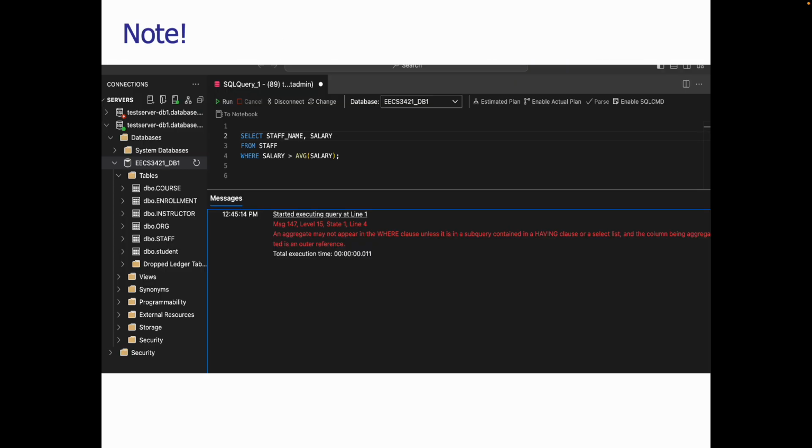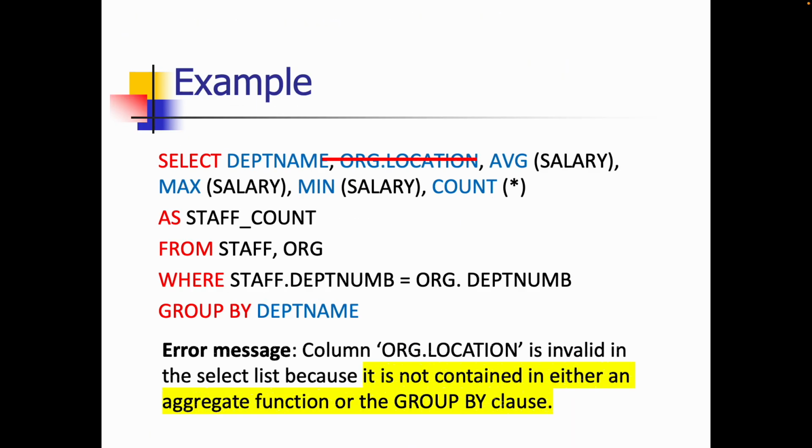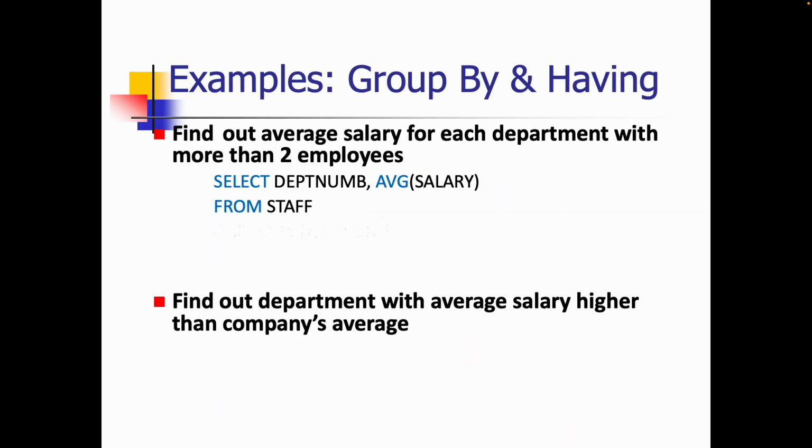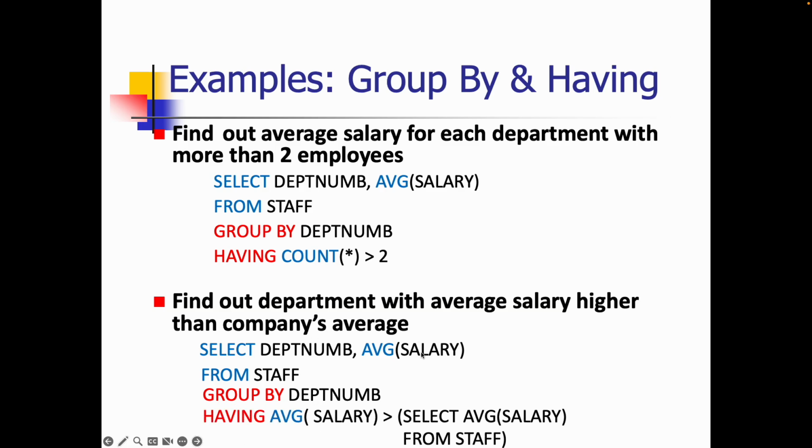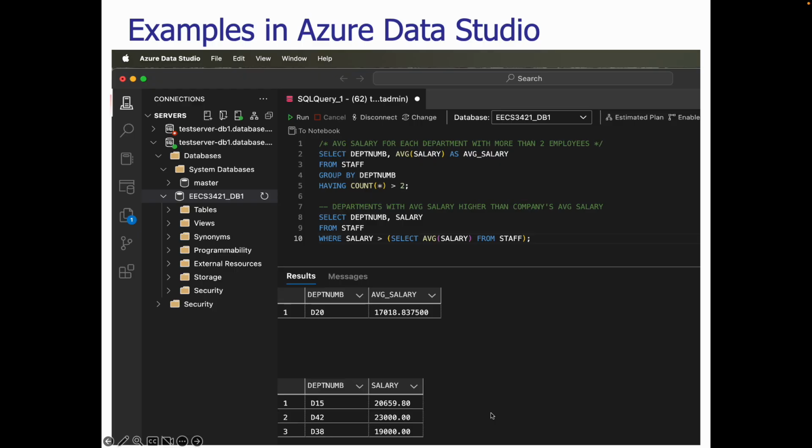But here, if you want to find departments with average salary higher than the company's average, because the salary is provided in the staff table and the department number is not unique in the staff table, we need to first group by department number and then check our condition. That is, the average salary for each department is greater than this amount. What is this amount? The company's average salary.